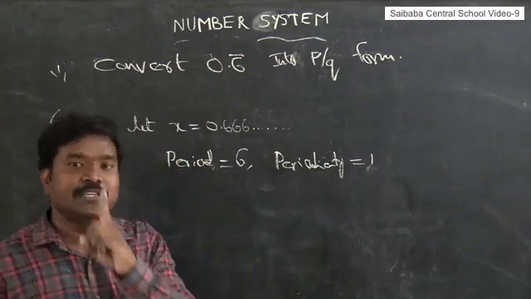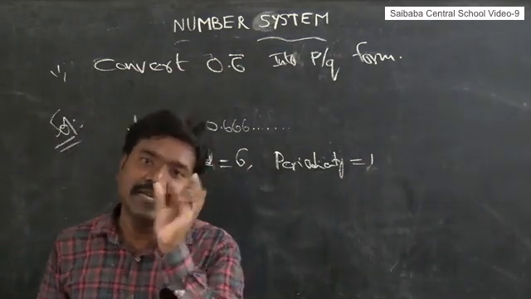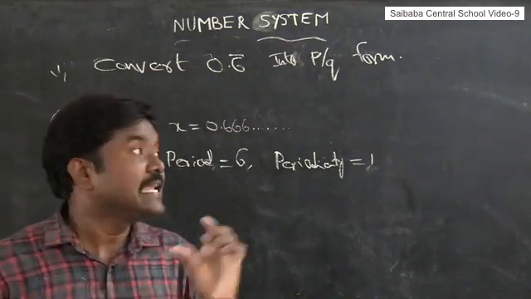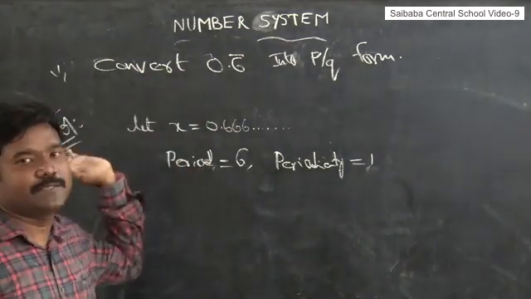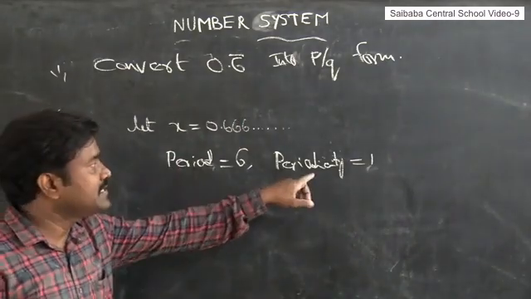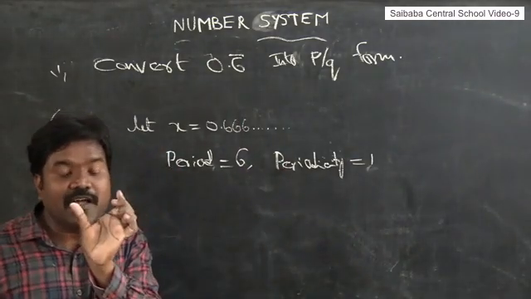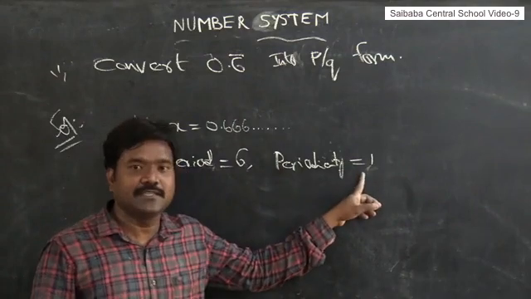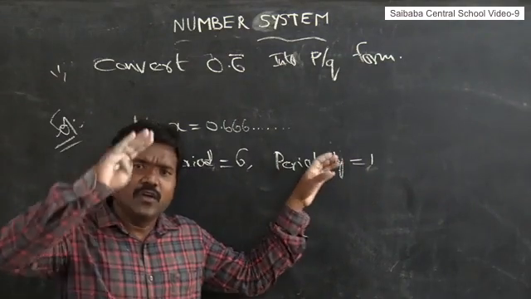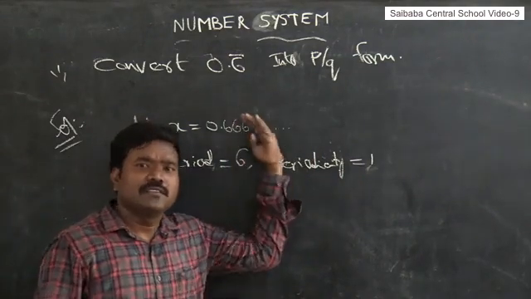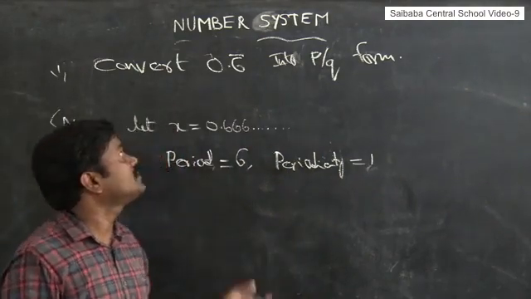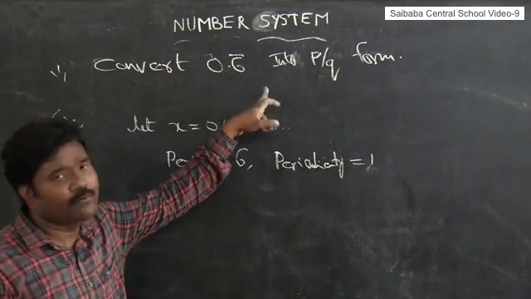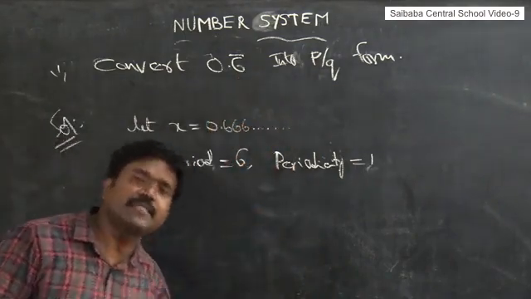Here, what is the periodicity? 1, so 1 followed by 1 zero, that is 10. Then we multiply this x value by 10 on both sides. The multiplication constant is based on periodicity. This is the method for all problems where the numbers have bars.